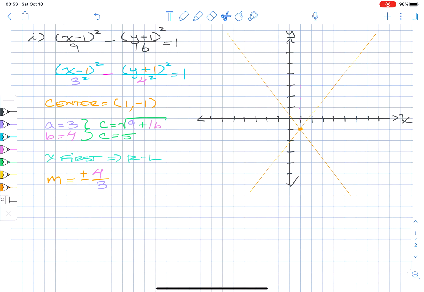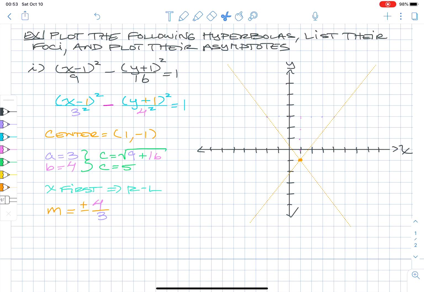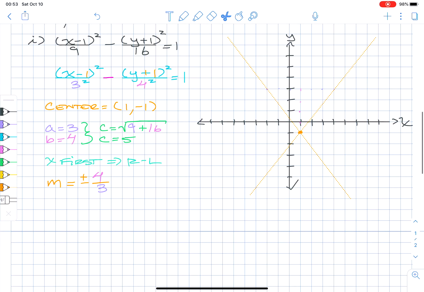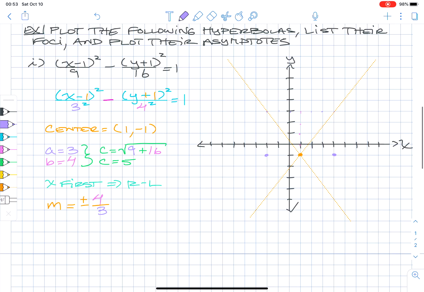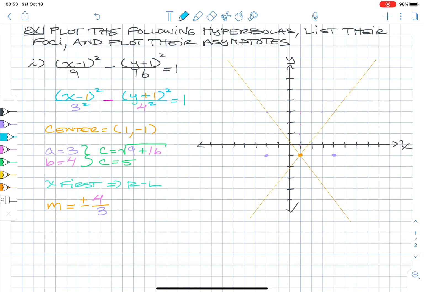Okay, so now I know that this is a right-left hyperbola. So the only radius I use is the right-left one, which is 1, 2, 3 to the right, 1, 2, 3 to the left. If it were an up-down hyperbola, I would have used the 4, up and down, but it's right-left. So now I just create a hyperbola that is asymptotic to the asymptotes we just drew.